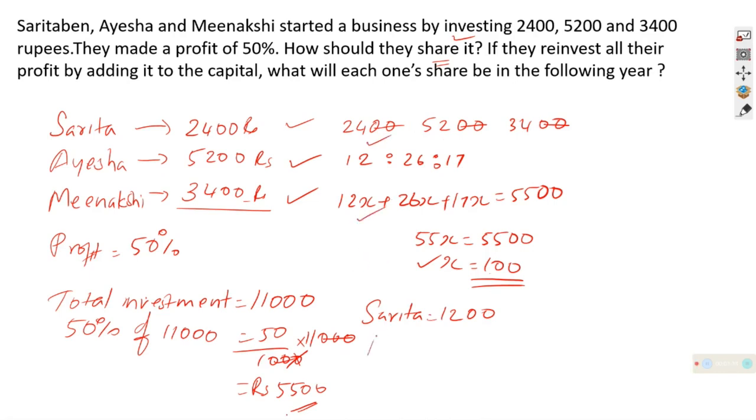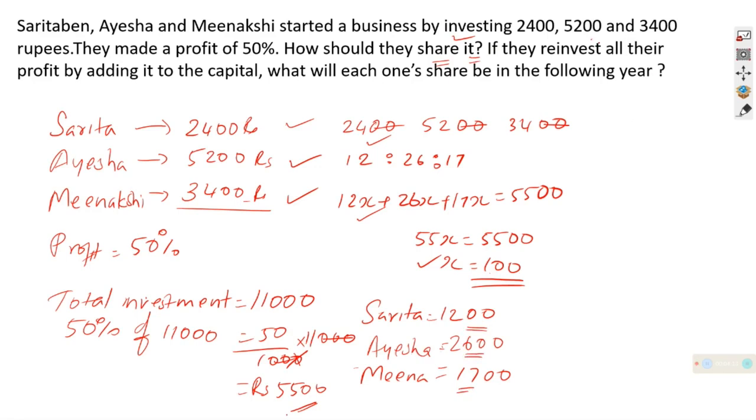The next one, Ayesha, will have 2600. Then Meenakshi will have an amount equal to 1700. Total is 5500. This is one answer to how they should share it. But there is something interesting.